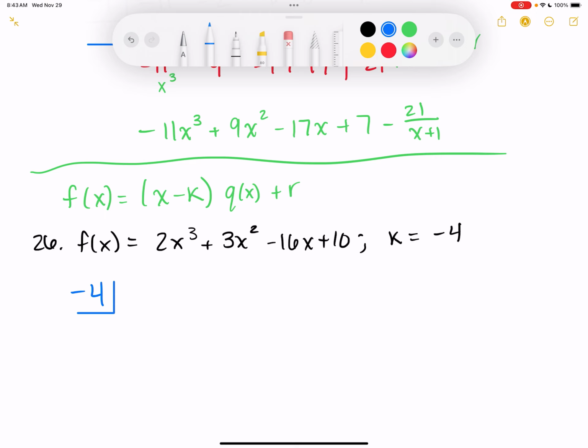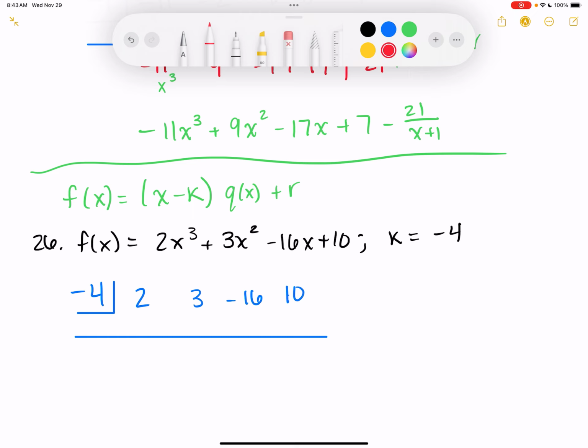Then same thing, copy down the numbers: 2, 3, negative 16, and 10. And then this process is going to be the same. It's just the way we write our final answer is going to be a little different.